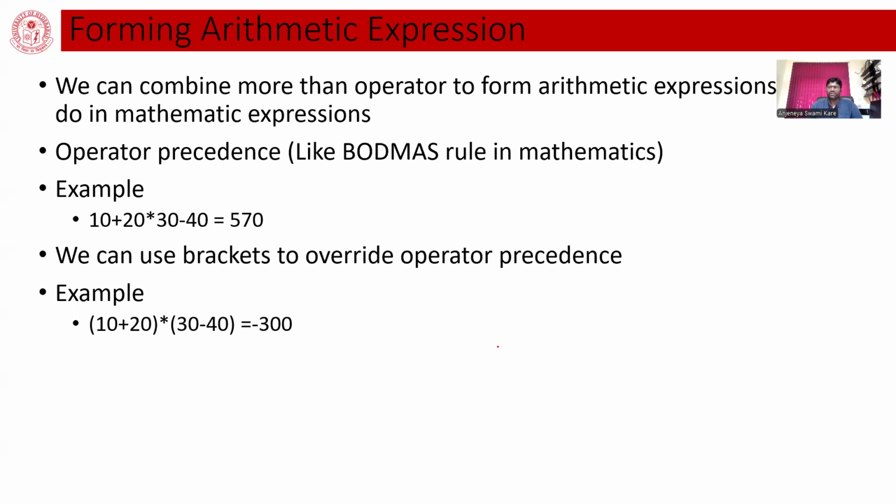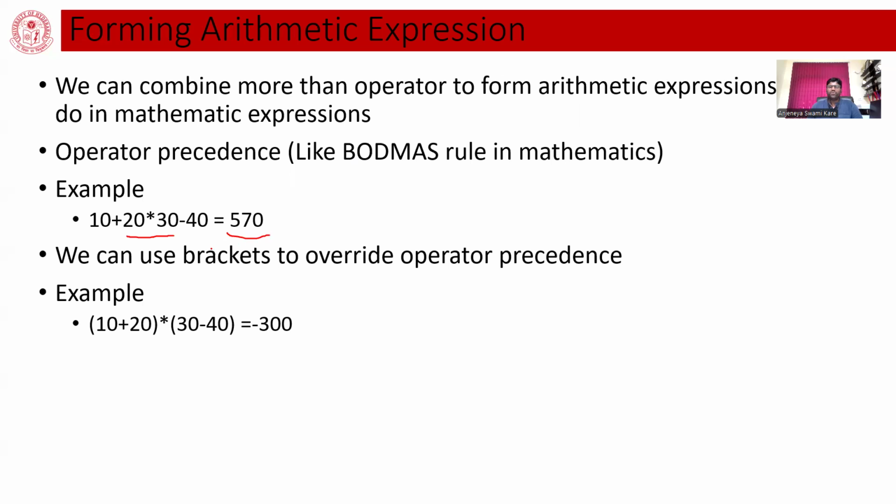This is the order in which the expression will be evaluated. Like that, we also have operator precedence that is very similar to the BODMAS rule. For example, 10 plus 20 multiplied by 30 minus 40 will evaluate to 570, because first multiplication has high priority. 20 and 30 will be 600, 600 plus 10 is 610, 610 minus 40 is 570.